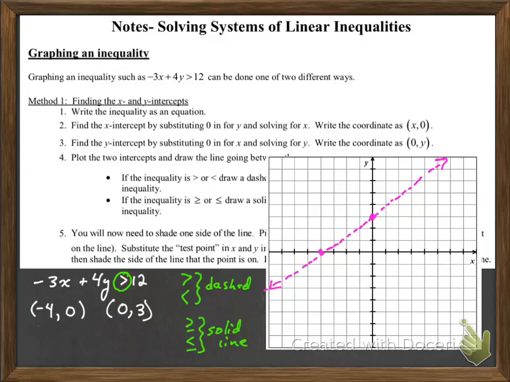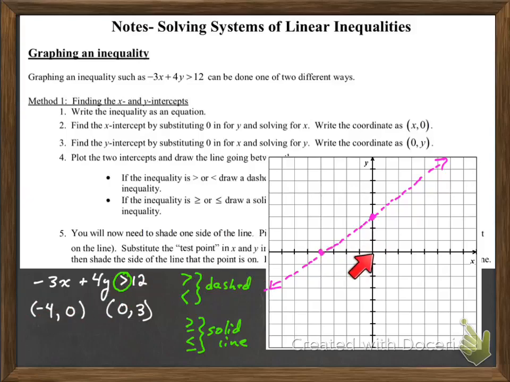The next thing we need to look at is the shading. Are we going to be shading on the bottom side or the top side of our graph? And so with this, what we want to do is pick a test point. Pick a point that is on either side of your graph, and we'll test it in the inequality.